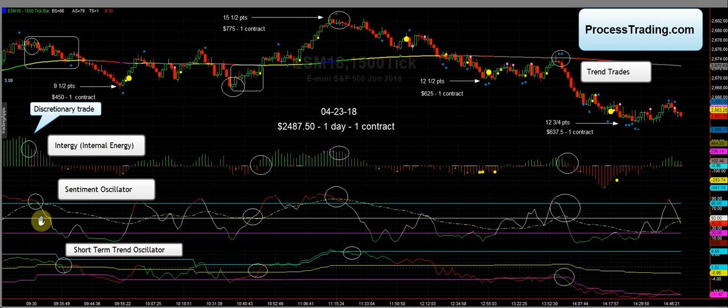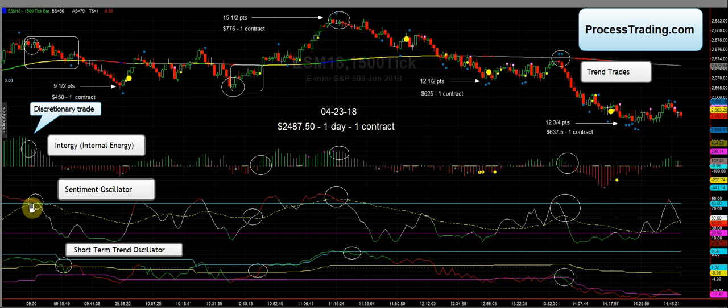Now, very importantly as well is the sentiment oscillator. And you want to pay close attention to this. Anytime the momentum line crosses the sentiment oscillator, that is a highly probable indication that price is going to continue in that direction. And in particular, in this situation, this is an oscillator, the sentiment oscillator, which has a hard upper bound and lower bound that are static.